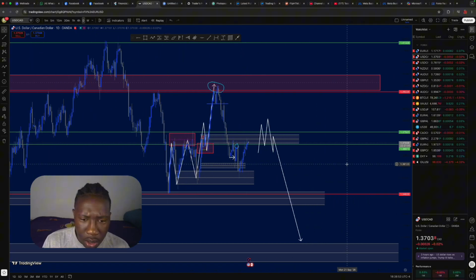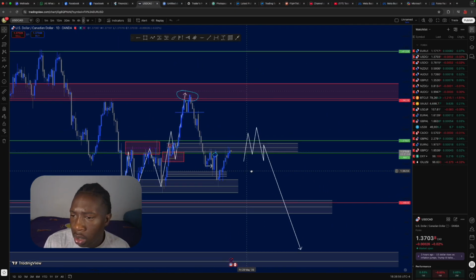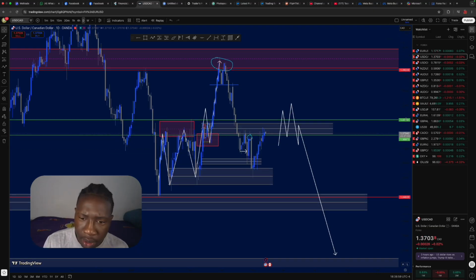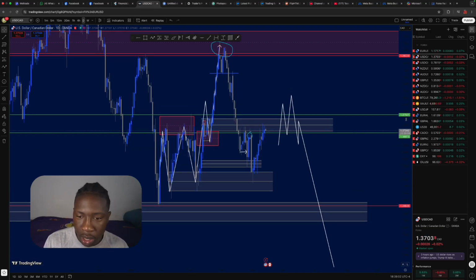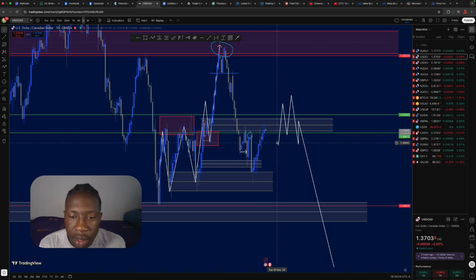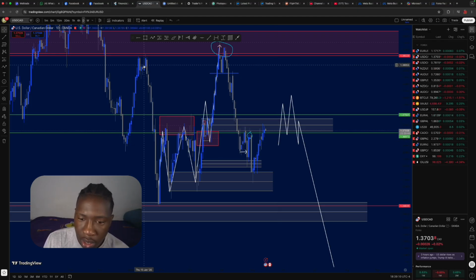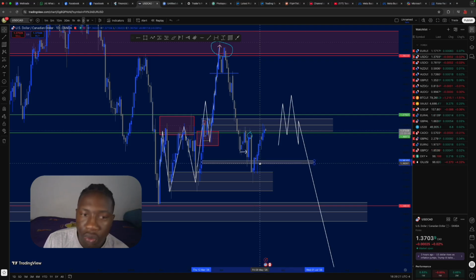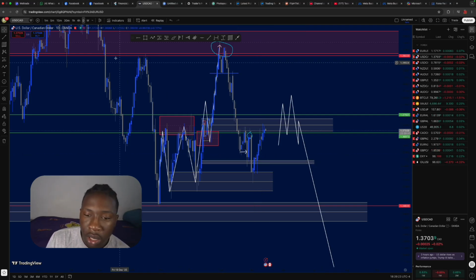So on one day it is on a rejection candle to the upper side, because now I think the market is ready to move to the downside to reach at least this level. So this is the level that I think the market is going to touch when it comes to the downside.